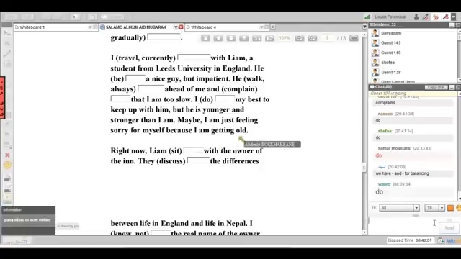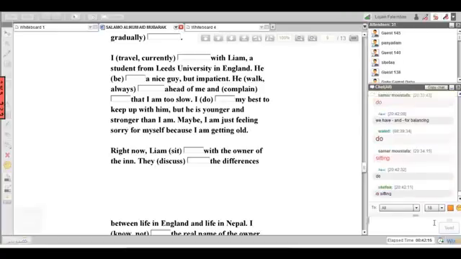As I already explained for simple present tense, always, usually, often, sometimes, seldom, rarely, and never are adverbs of frequency, and we must place them between the subject and the verb.